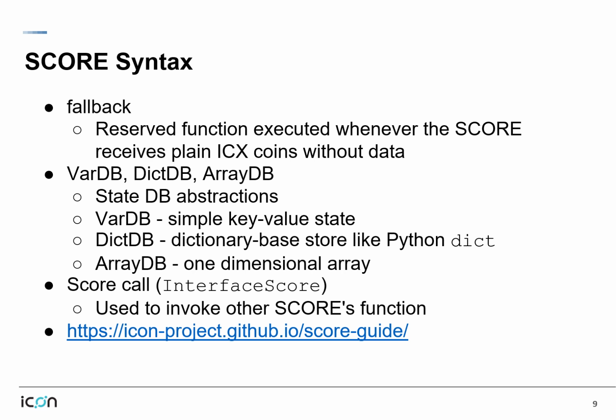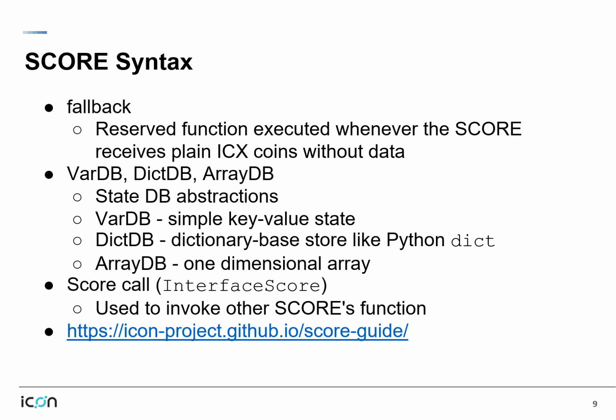VarDB, DictDB, and ArrayDB are utility classes wrapping the stateDB. VarDB can be used to store a simple key-value state, and DictDB behaves more like a Python dict. ArrayDB supports one-dimensional arrays only. DictDB does not maintain order, while ArrayDB, which supports length and iterator, maintains order.